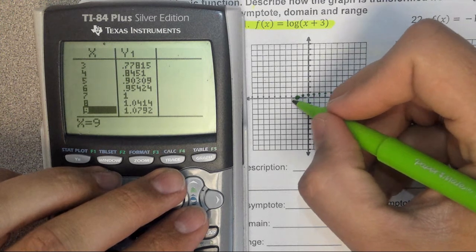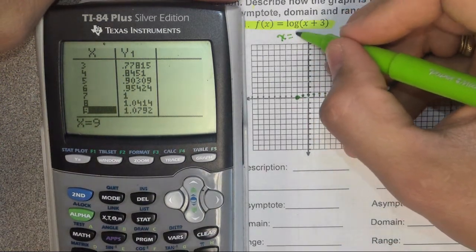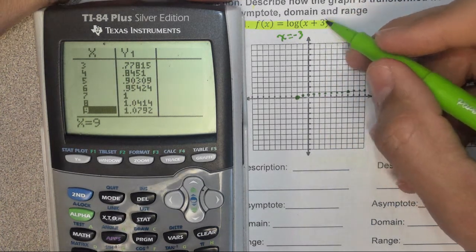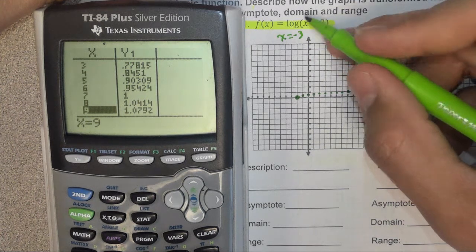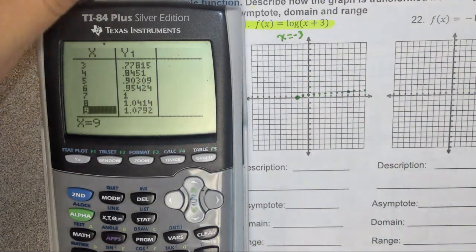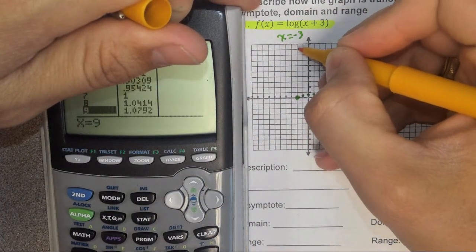And this curve, remember, if I look at this, there's an asymptote at x equals negative 3. Inside here, left and right movement, logs have vertical asymptotes. So there is a vertical asymptote at x equals negative 3. 1, 2, 3.